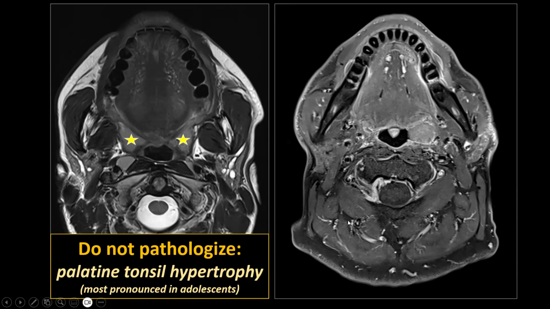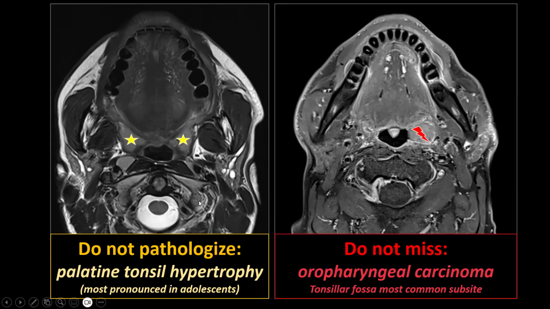So this is something we shouldn't pathologize, and we see these symmetrical soft tissue structures located in the tonsillar fossa on both sides. And of course, there's a clear difference with oropharyngeal carcinoma, a tumor that we will not see in children, but in adults, generally adults who have a drinking problem and who smoke.